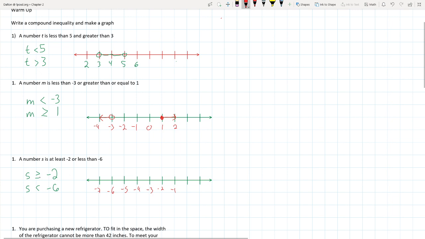So s is greater than or equal to negative 2, so I go to negative 2, filled in dot because it has that equal sign. What's the number that's greater than negative 2? Negative 1 is greater than negative 2, so I'm going to go off to the right. S is less than negative 6, open dot because we don't have an equal sign, and we're going less than, so we're going to the left.